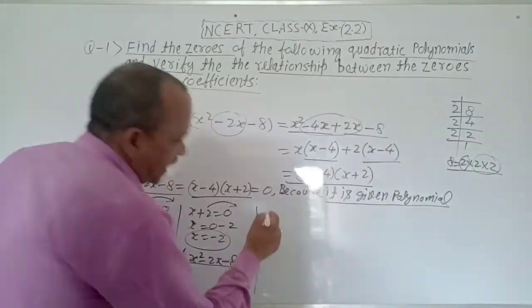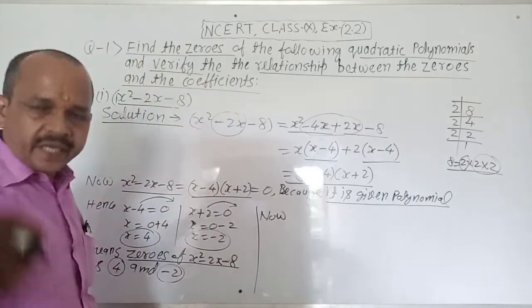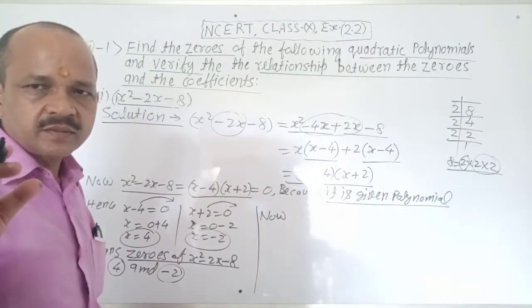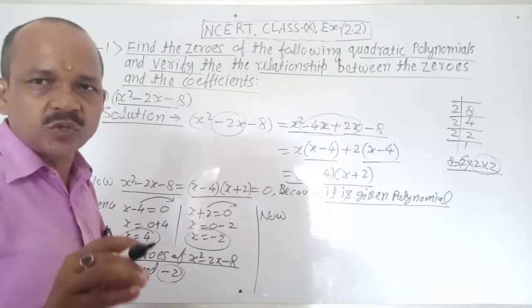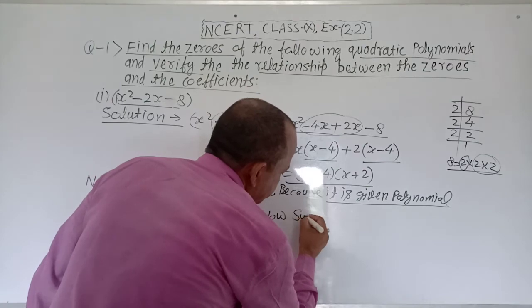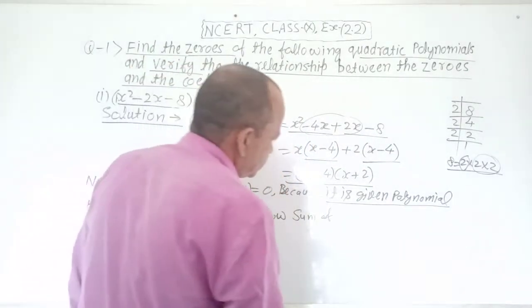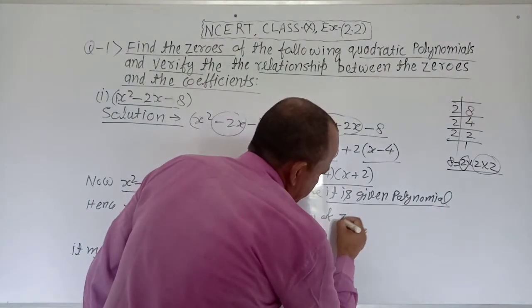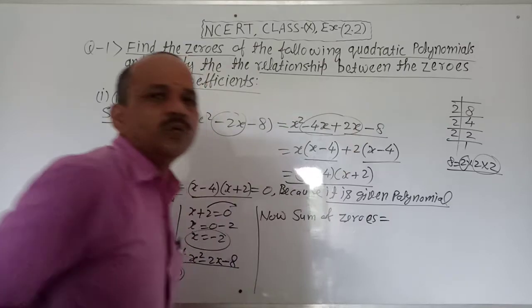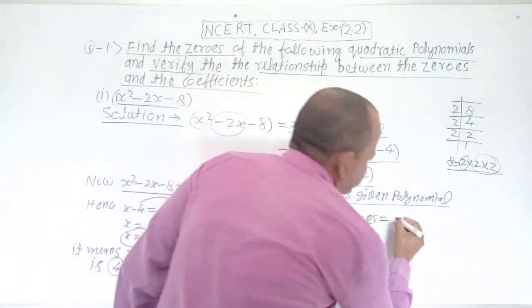Now you can write the relationship between zeros. Clear? Sum of zeros equals alpha plus beta.